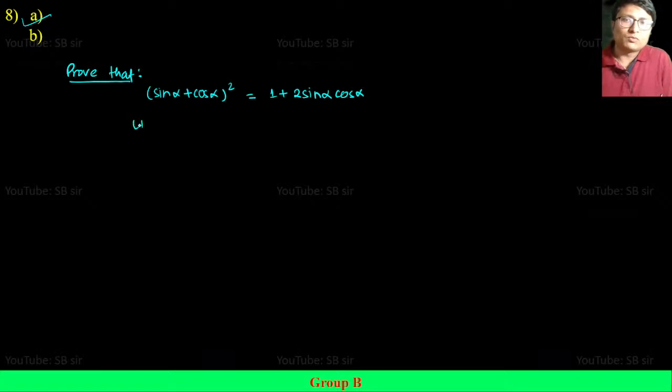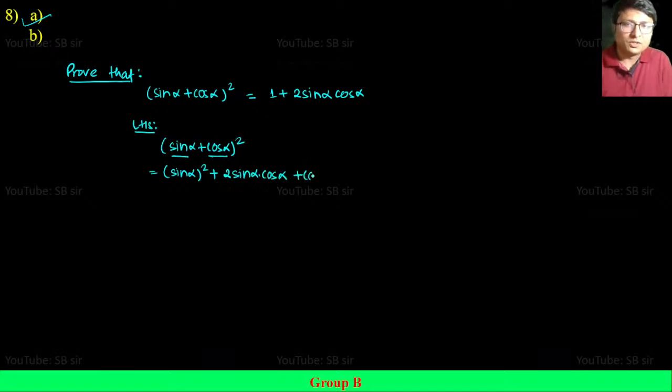So what you have to do is, we have LHS, or the left hand side, it is (sine alpha plus cos alpha) whole square, and you can use the formula of (a plus b) whole square. It is in the format of a plus b, so this one is a for us and this one is b. So a square plus 2ab plus b square.